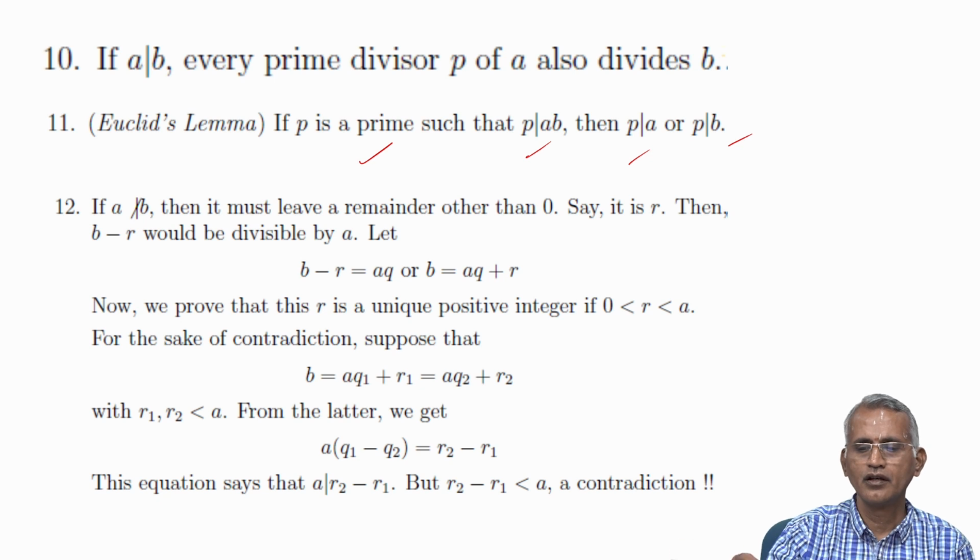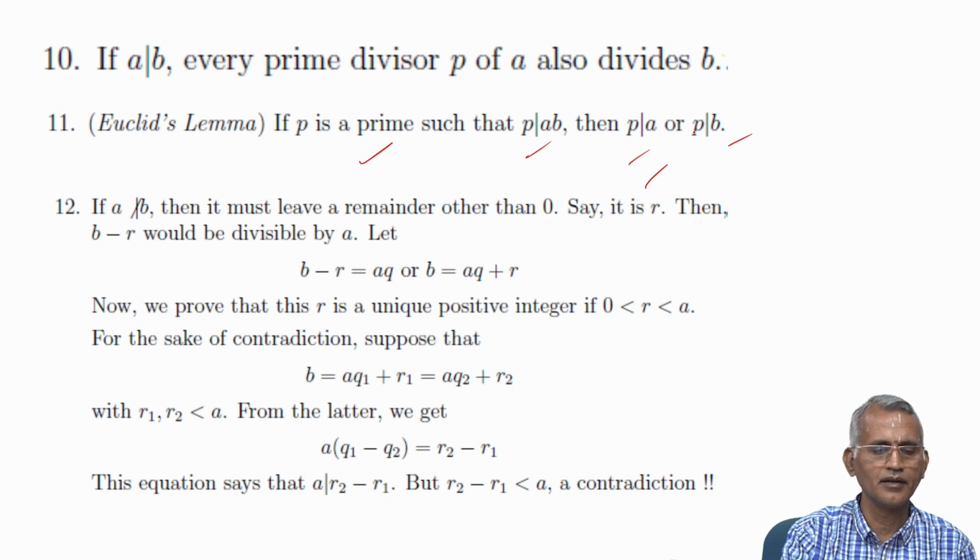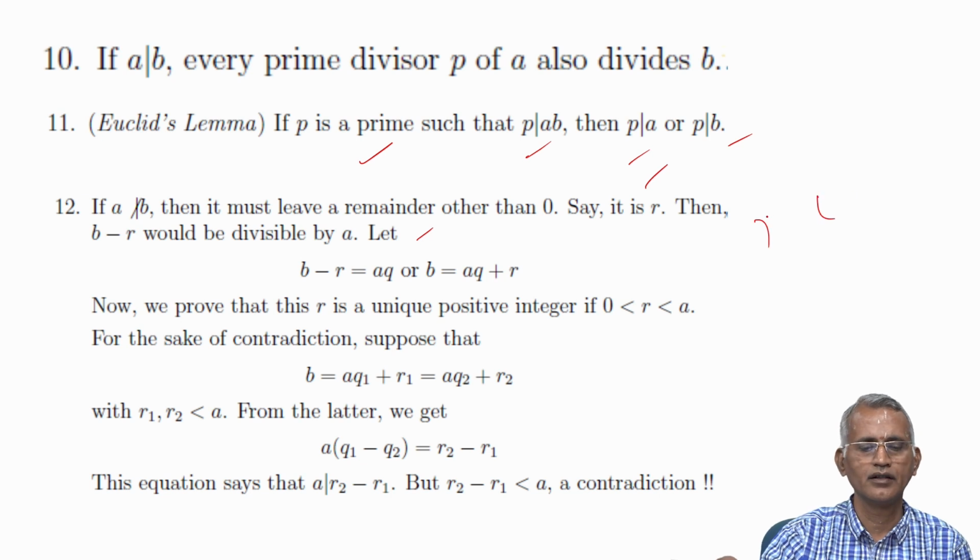So, call it some R, then P minus R would be divisible by A. For example, if B is not exactly divisible by A, then B equals AQ plus R, where Q is the quotient, A is the divisor, B is the dividend, and R is the remainder.